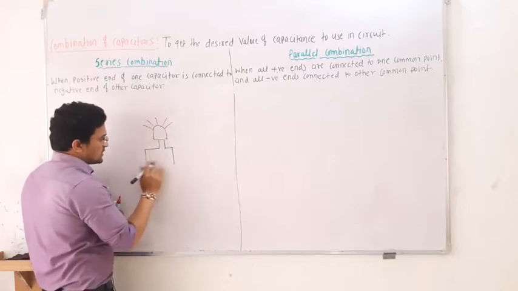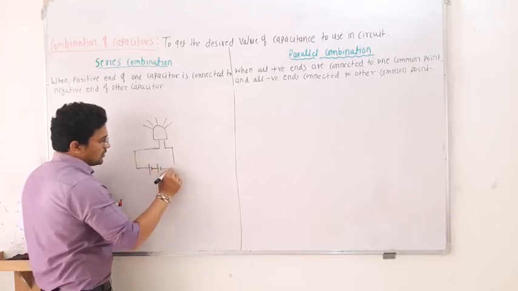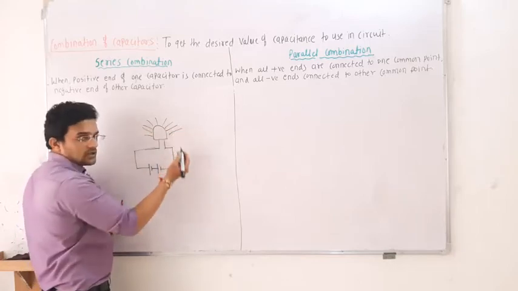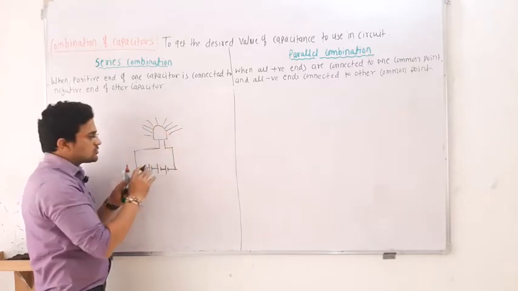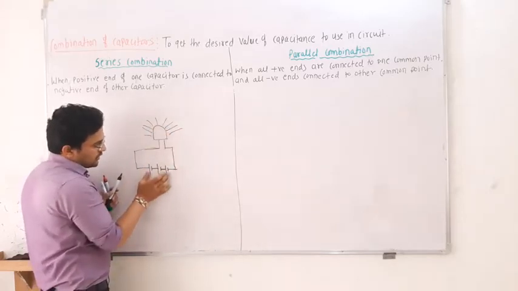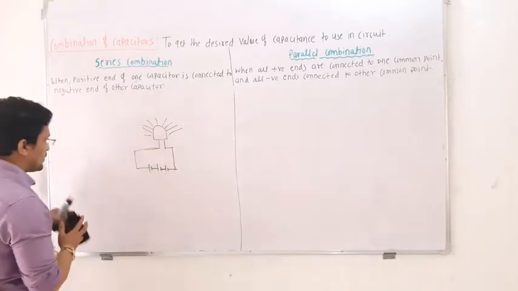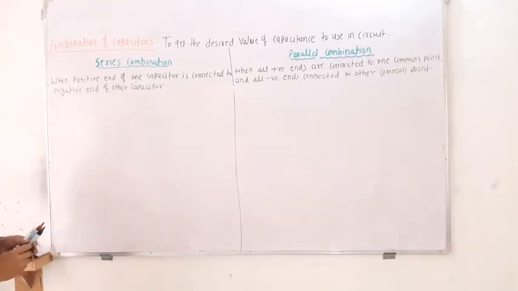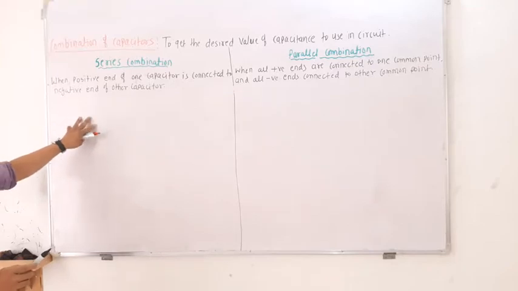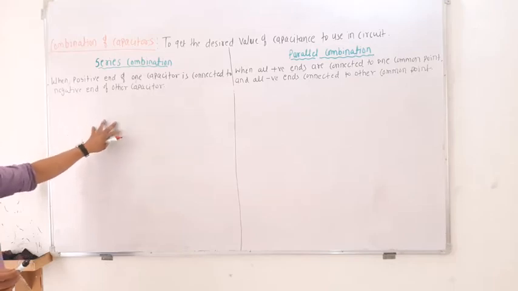If you connect two cells, it will glow a little more, and with still more cells it will give out more light. Same way, to get the desired value of the capacitance, you need to connect the capacitors in two combinations. One is a series combination, another is a parallel combination.